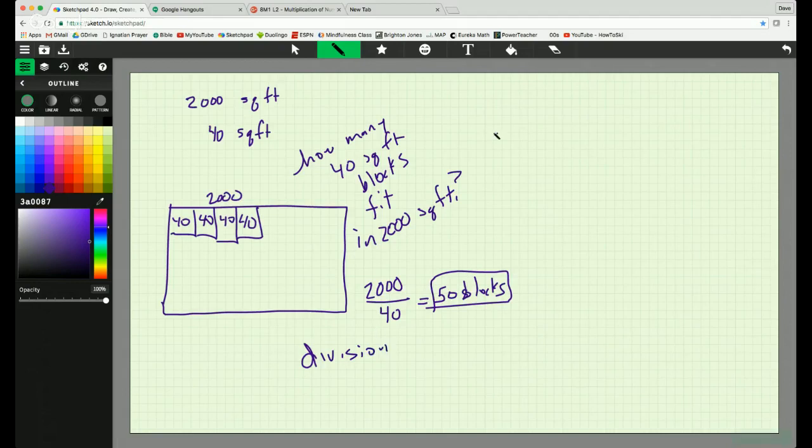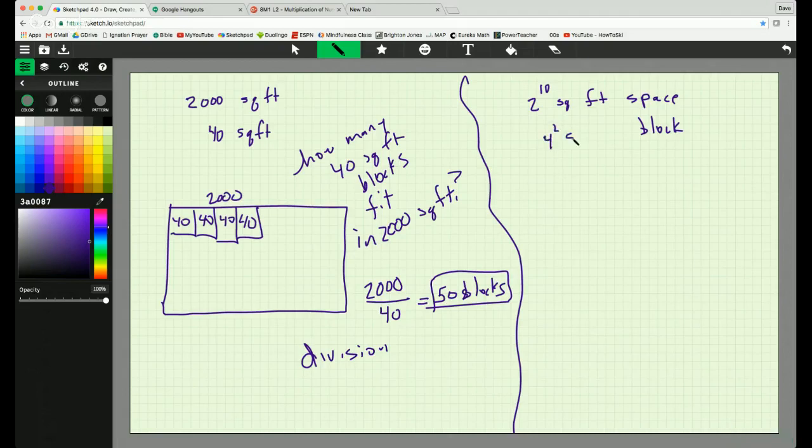Now, let's say that I didn't represent it as 2,000 square feet. What if I instead said you have 2 to the 10th square feet of space, and each block is 4 squared square feet.